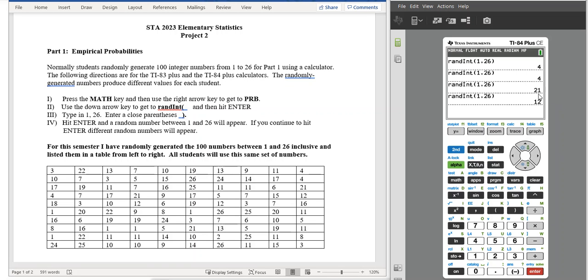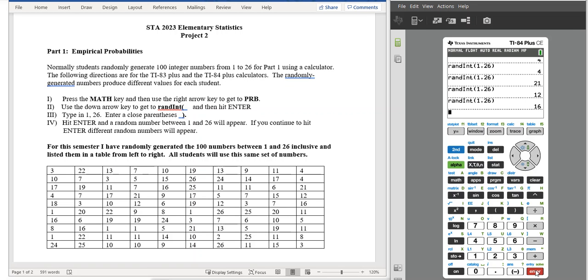So 4, 4, 21, 12. The 4, 4, 21 would go here, 12 would go here, and so on. 16. You just keep hitting enter and putting the numbers in until you've filled your entire table, and you would generate 100 randomly generated numbers.